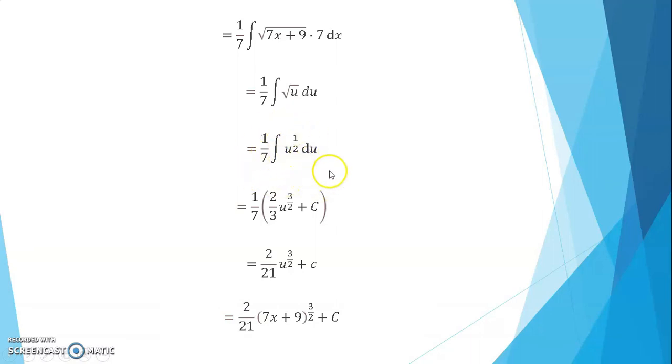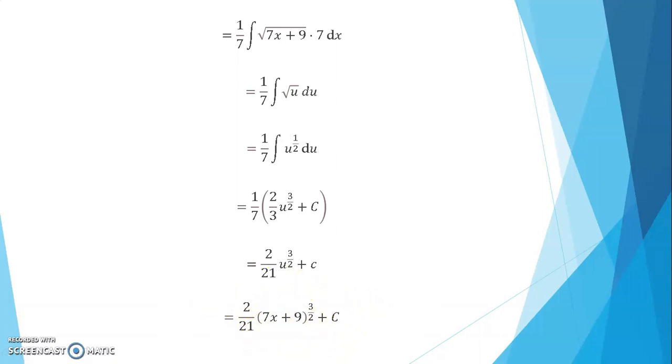So it becomes like this, and then we integrate it. 1 over 7 times 2 over 3 u to the power of 3 over 2 plus c, and we multiply the scalar in, so we will get 2 over 21 u to the power of 3 over 2 plus c, and it will become like this.